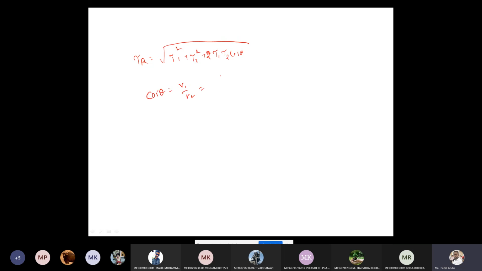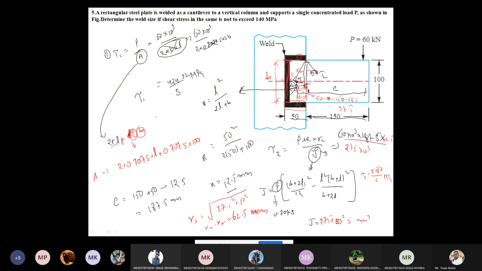R1, how much did we get? 37.5. R2 value, how much did we get? 62.5. Now with this, cos theta is 0.6. Now the resultant stress value is given in the question, 140 megapascal.